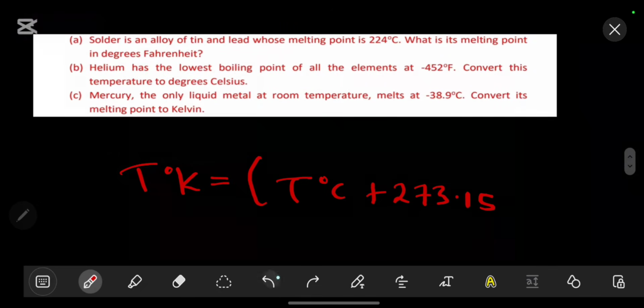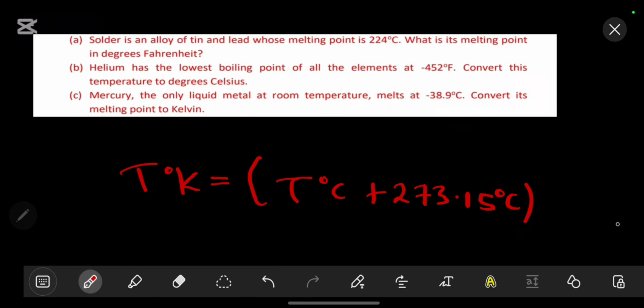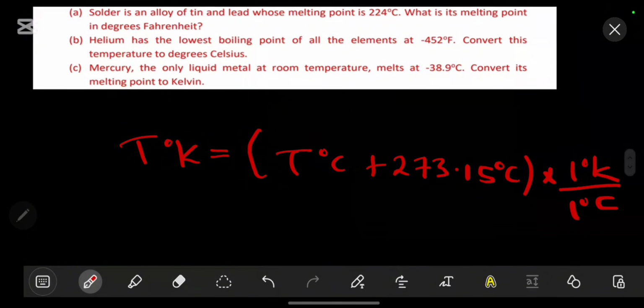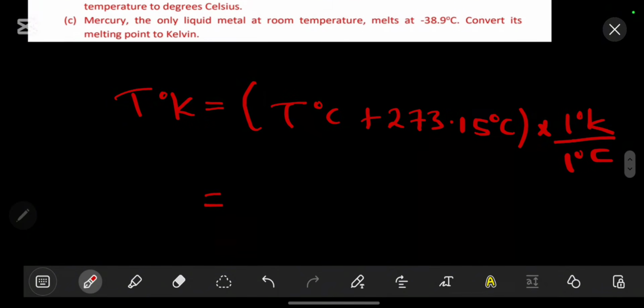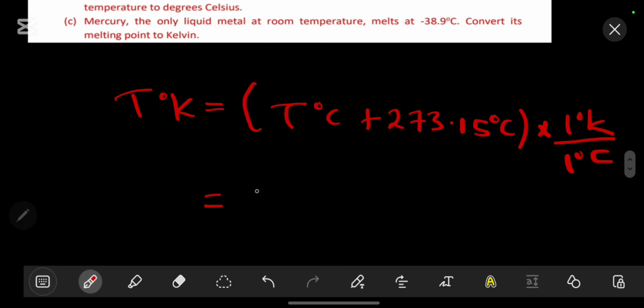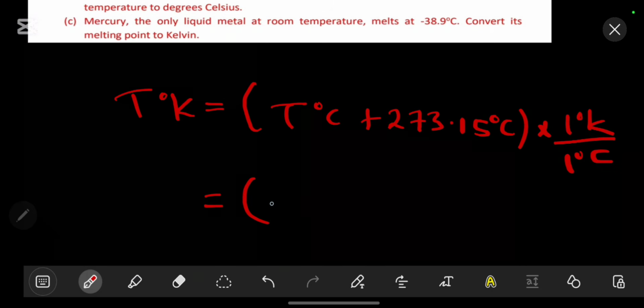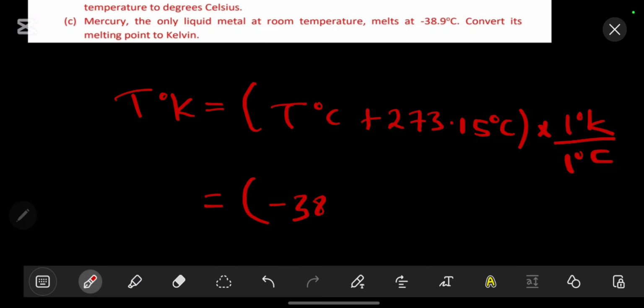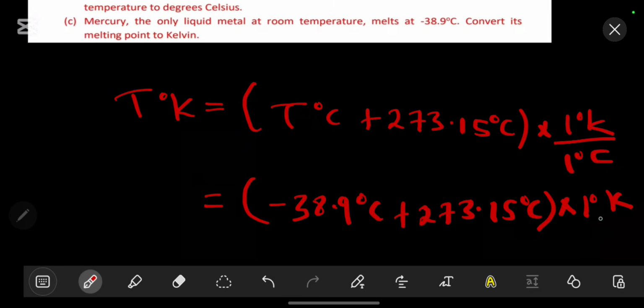Then we are going to have degrees Celsius times our 1 degrees Kelvin over 1 degrees Celsius, like that. So we are going to have something like temperature in degrees Celsius equal to our negative 38.9 degrees Celsius. We add it to 273.15 degrees Celsius. Then we are going to multiply 1 degrees Kelvin over 1 degrees Celsius, like that.